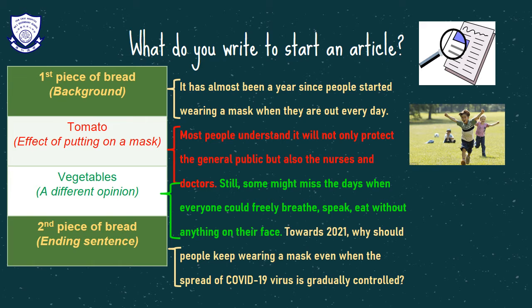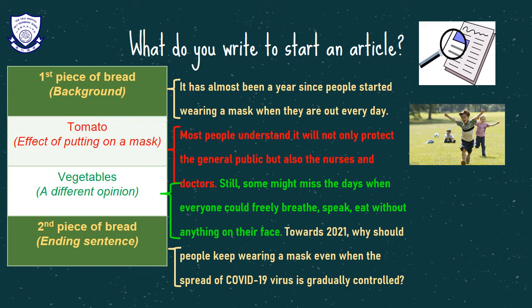So this sentence is the first piece of bread, one burger, and you can tell it is the background of this essay or of this argumentative writing. And the second part, most people understand it will not only protect the general public, but also the nurses and doctors.